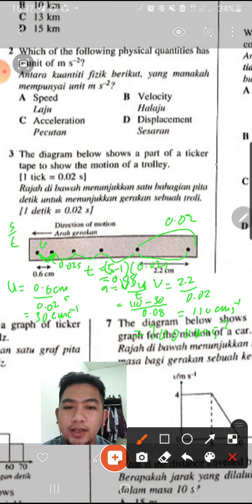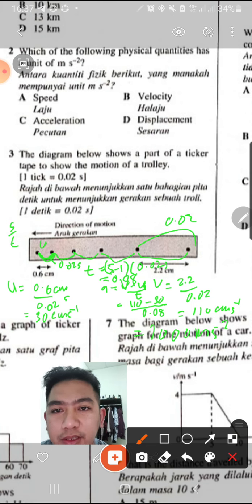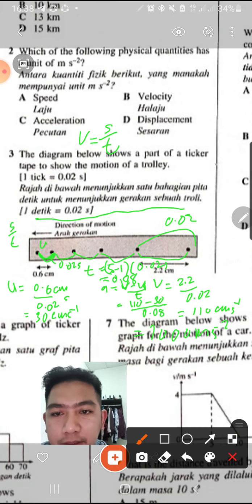Because kalau you guna 5 times 0.02 means itu you cari total time, this one. Kalau dia suruh cari average velocity kan, average velocity means displacement over time kan. So displacement means total length ini. Okay, total length ini adalah dia punya displacement.